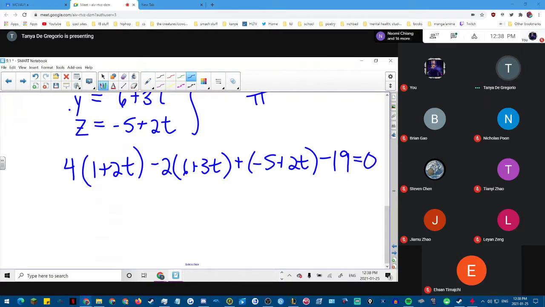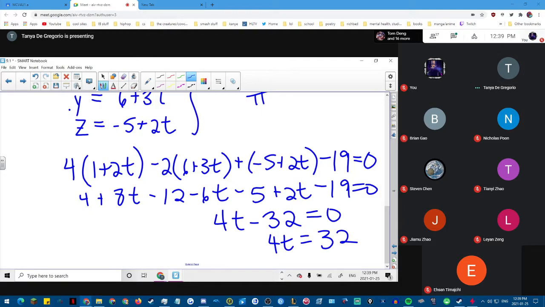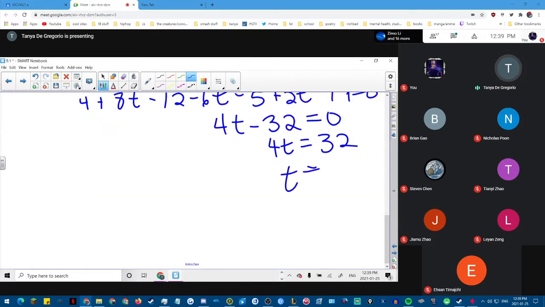And I'm going to solve for t. 4 plus 8t minus 12 minus 6t. And what do I get here? What does t equal? t equals 8.